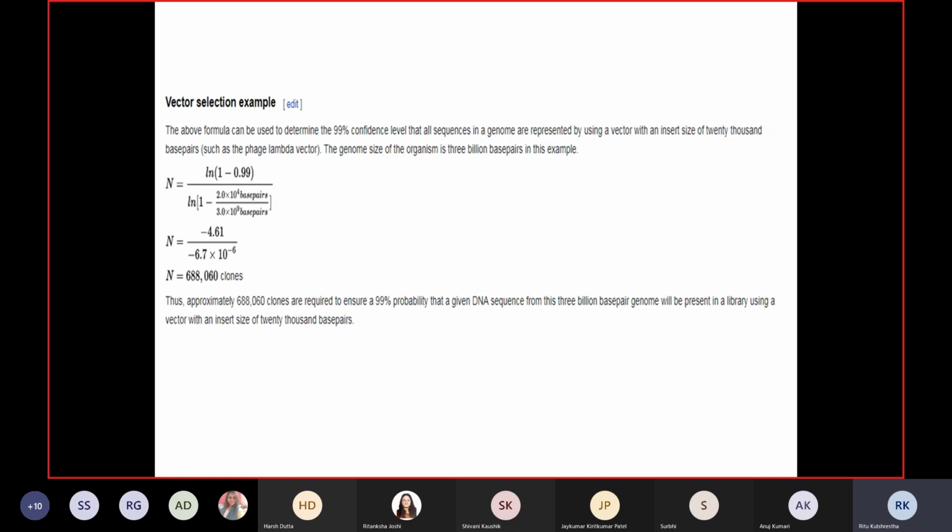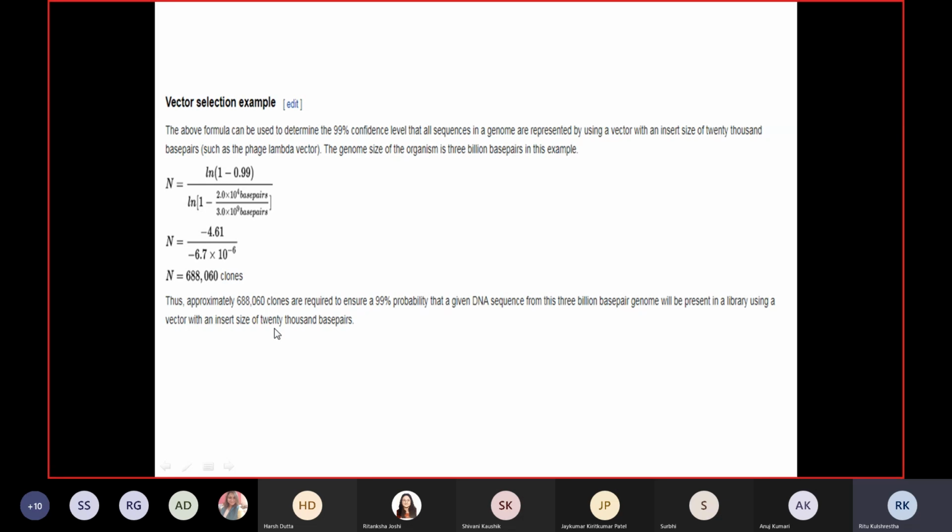You can understand how difficult it will be to maintain these clones in the bacteria and in the lab, because there is a huge number of clones to be maintained. Also, the screening will be extremely tedious. You have to plate this many clones.